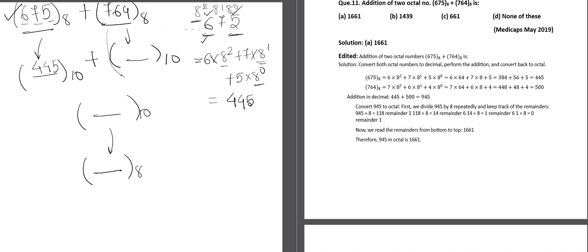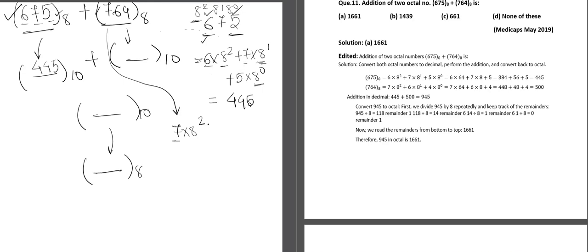Similarly, we will do this conversion process for the second octal number. Here we will get 7 into 8 to the power 2 because it is the most significant bit, and as these two numbers are equal in length, the positional weights remain the same, only the digits change.